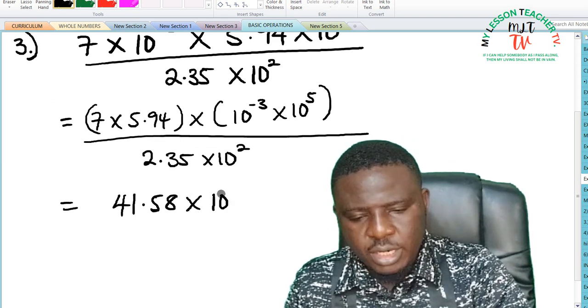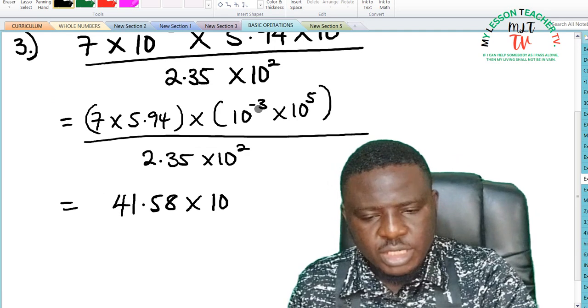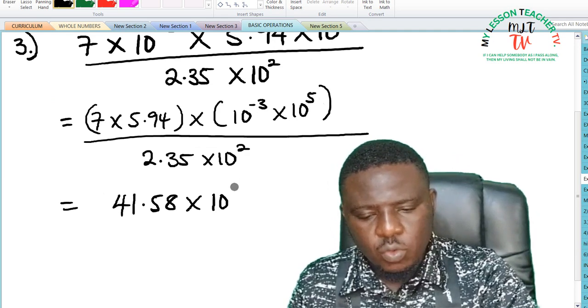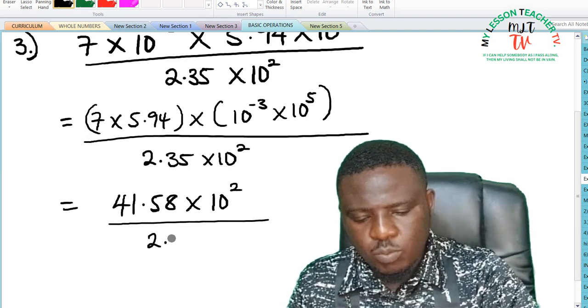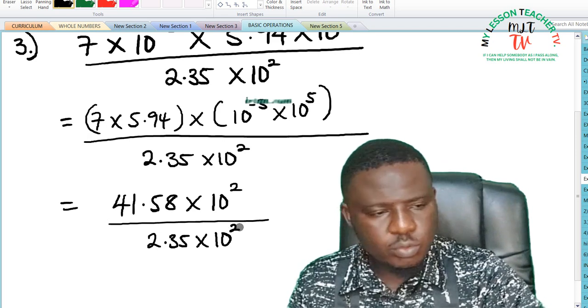41.58 times 10 raised to the power of minus 3 plus 5, which will give us positive 2, all divided by 2.35 times 10 raised to the power of 2.